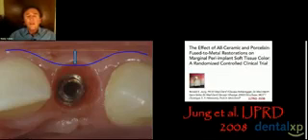And this is very, very critical, and I'd like to share with you an excellent article, one that's really affected a lot of what we do and how we design these particular interfaces. This is an article by Ronald Jung out of Zurich, and the most recent one published in IJPRD in 2008. In this article, Dr. Jung and his team study the effect of tissue thickness and abutment materials and design on the color of the soft tissue.